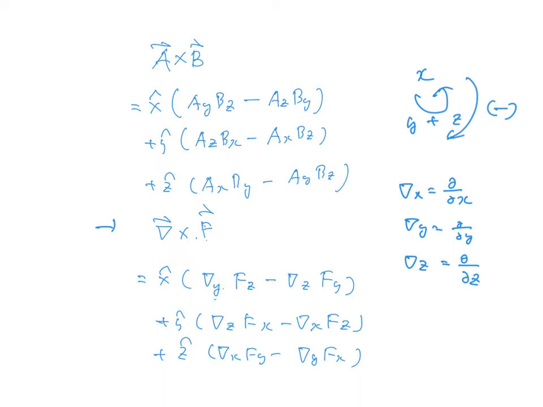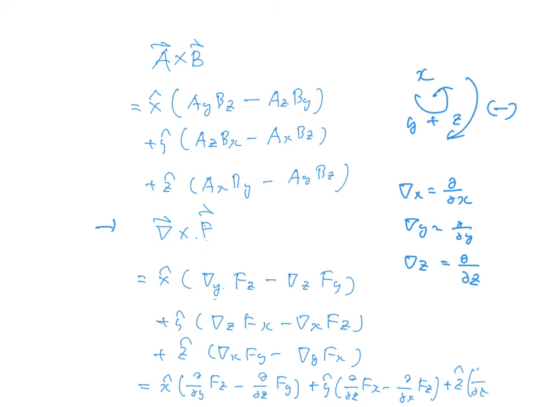So you can write down here x (partial y of fz minus partial z of fy), y (partial z of fx minus partial x of fz), plus z (partial x of fy minus partial y of fx).